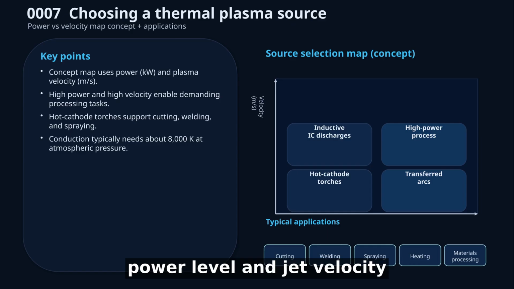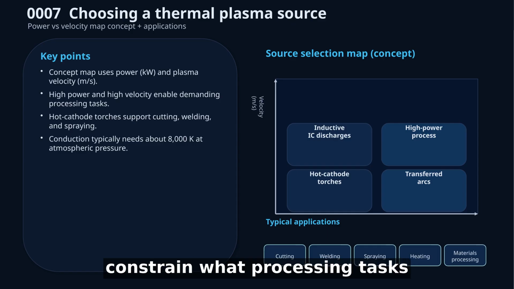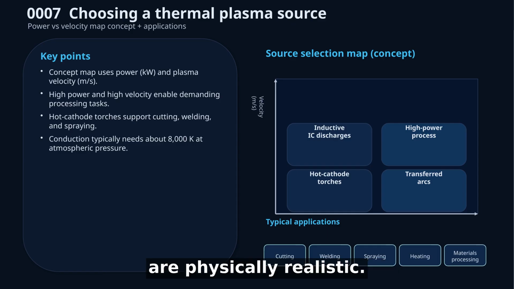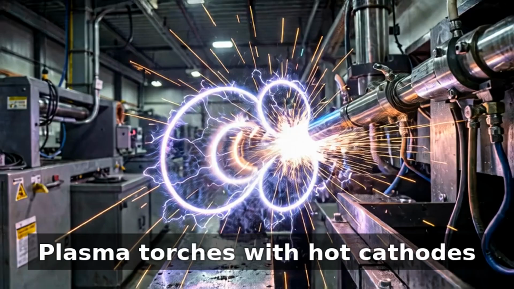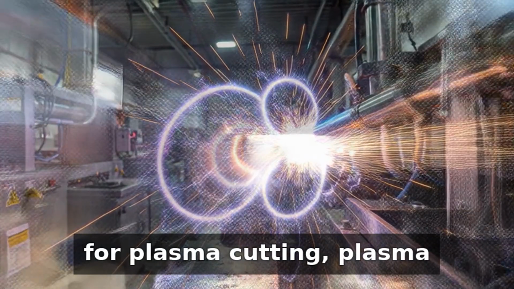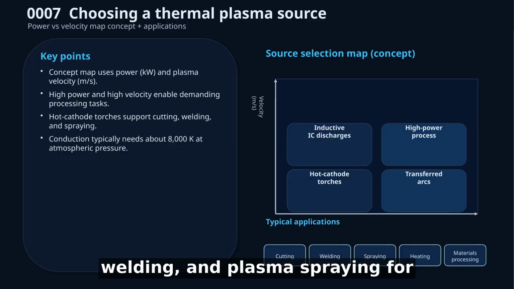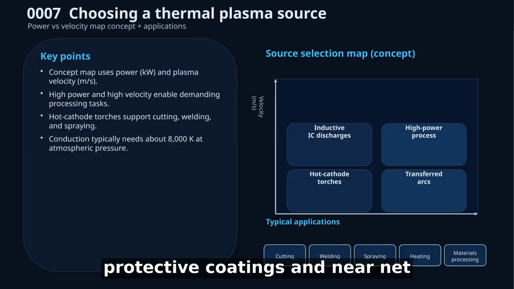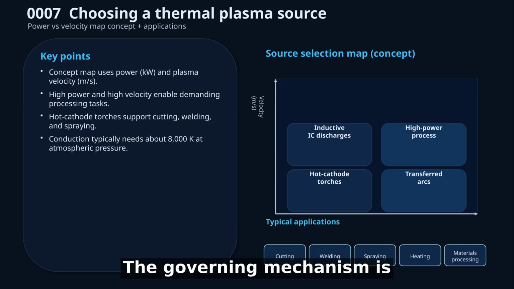That mapping is useful because power level and jet velocity constrain what processing tasks are physically realistic. Plasma torches with hot cathodes are described as common sources for plasma cutting, plasma welding, and plasma spraying for protective coatings and near-net-shaped parts.